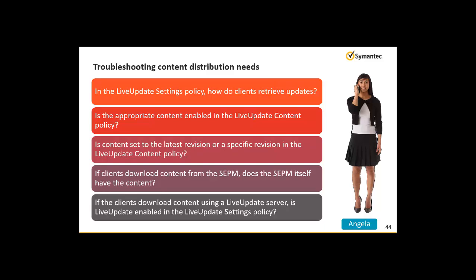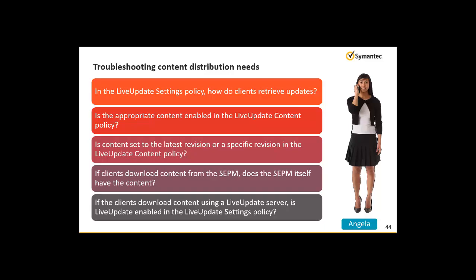You can review the live update content policy and ensure that the corresponding content types are enabled. Is the content set to the latest revision or a specific revision in the live update content policy? This means ensuring that the live update content policy is set to a specific revision or using the latest content. You can also withdraw the live update content policy if you want your endpoints to use the latest revisions.